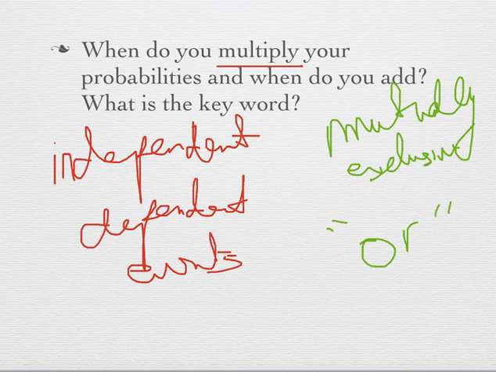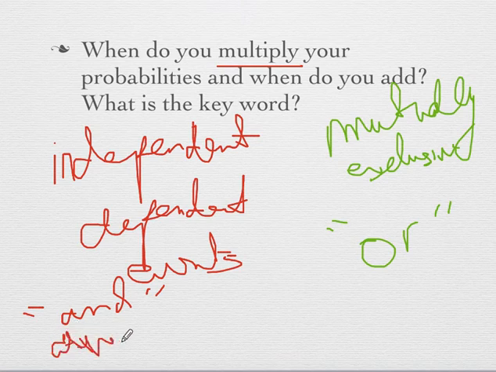While here, the keywords can be the word and, or the words at the same time, or you can also have while. There are still a lot of words that can be keywords, but these are the most common, especially the word and and the word or.